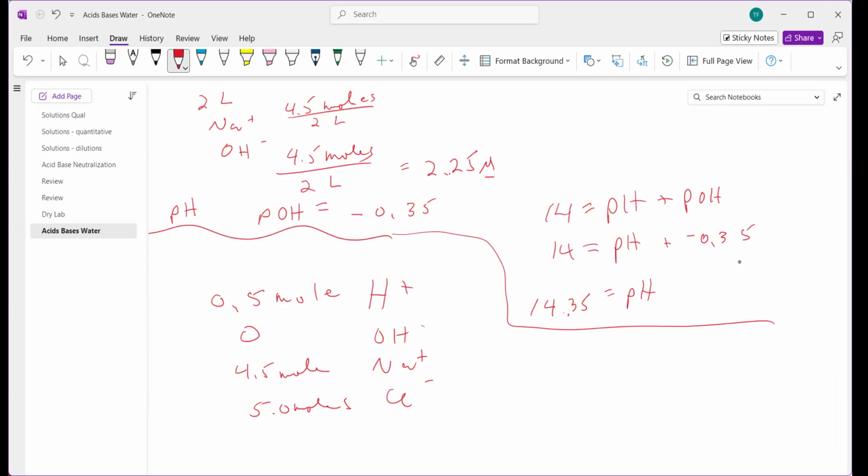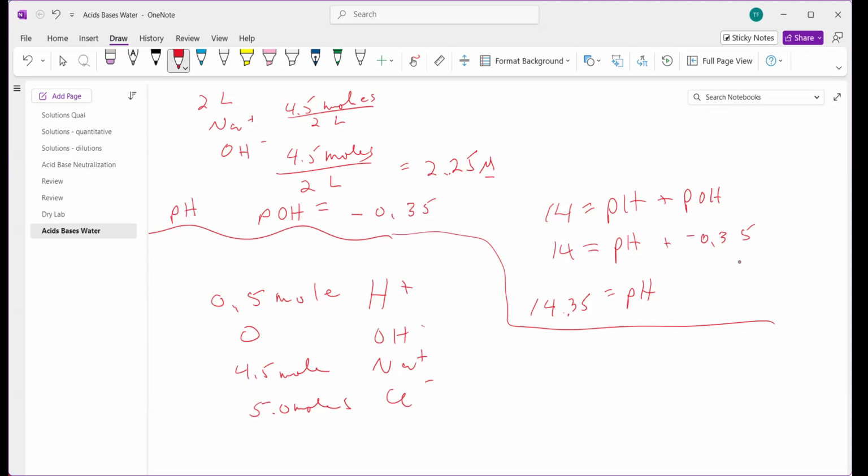Because pOH is related to 14, when you look at the 14, you put the 0.35 into the 14, so it's negative.